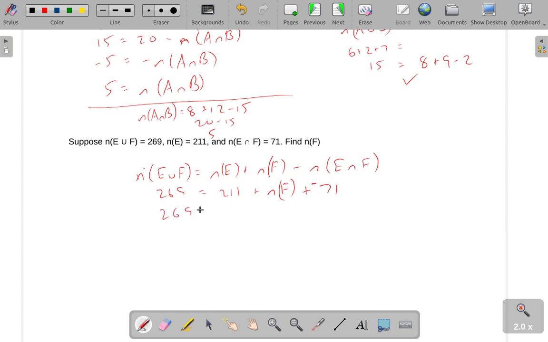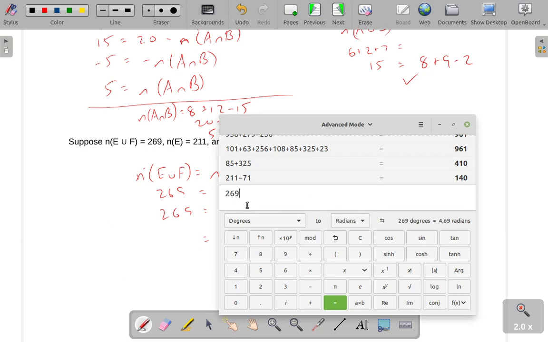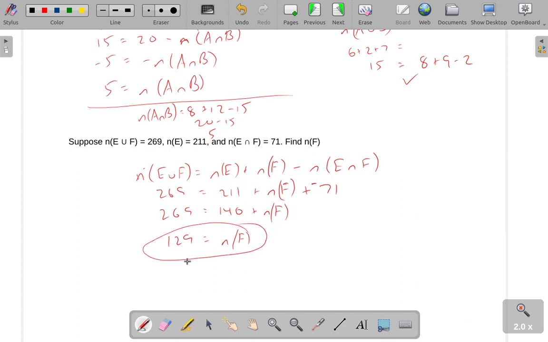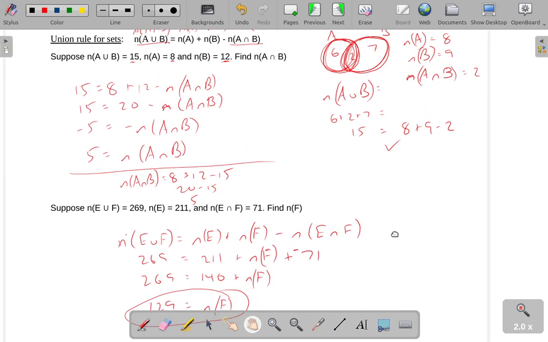So I have 269 equals 140 plus n of F. Subtracting 140 from each side, 269 minus 140 gives me 129. So in a couple of steps, I'm able to find the size that the second set must be, without knowing more specifics about these individual sets. As with any formula, there are 4 different numbers on here. If you know 3 of the 4 parts, you can use that formula to find the fourth.